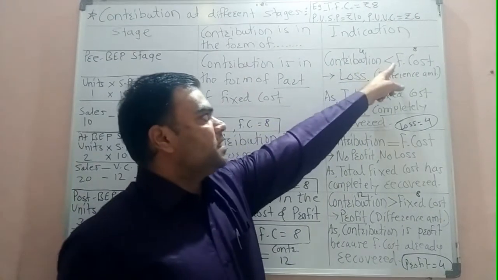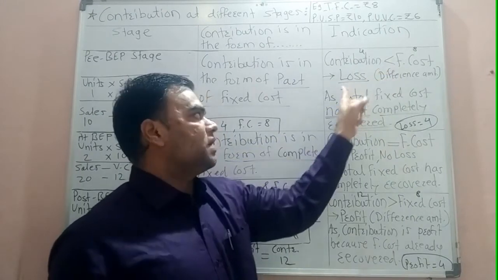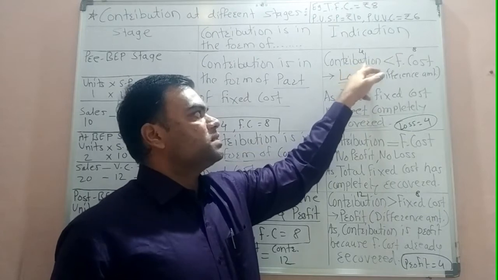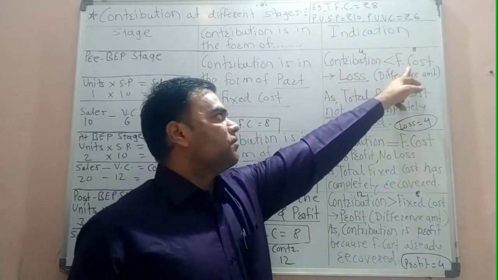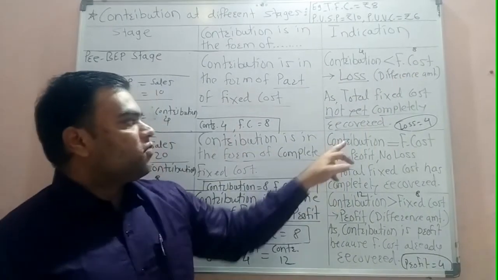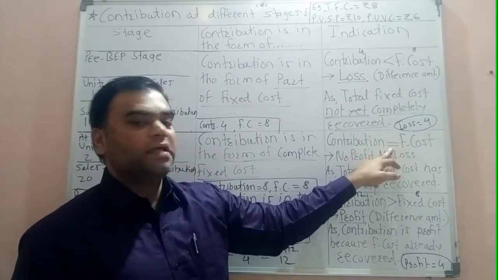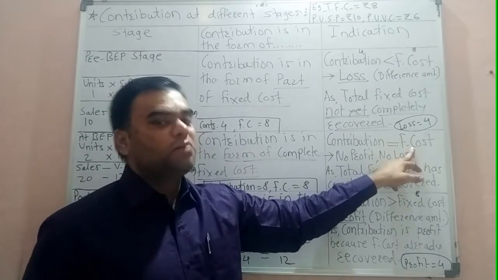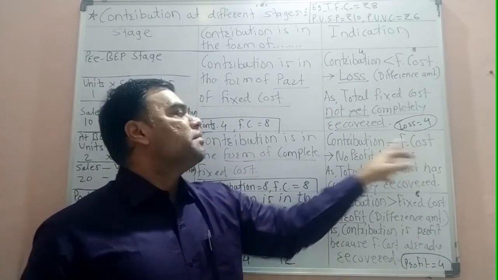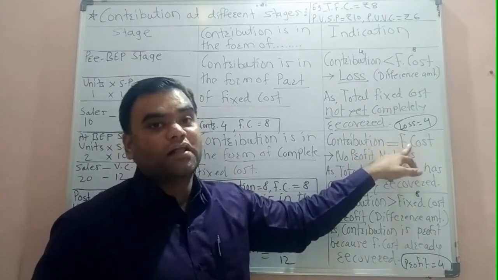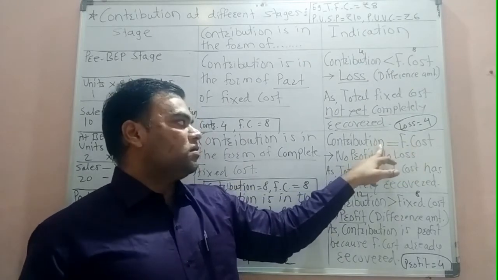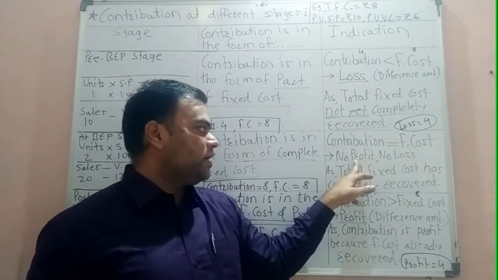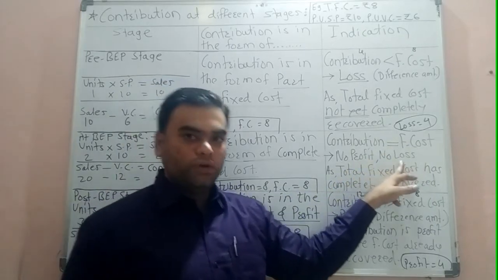If contribution is smaller than fixed cost, there will be loss, because the fixed cost is not recovered; our contribution is not enough to recover our fixed cost. And if our contribution and fixed cost become exactly equal, we have completely recovered fixed cost but have not earned profit, because our contribution is not greater than fixed cost. That is the BEP stage, where there is no profit or no loss.